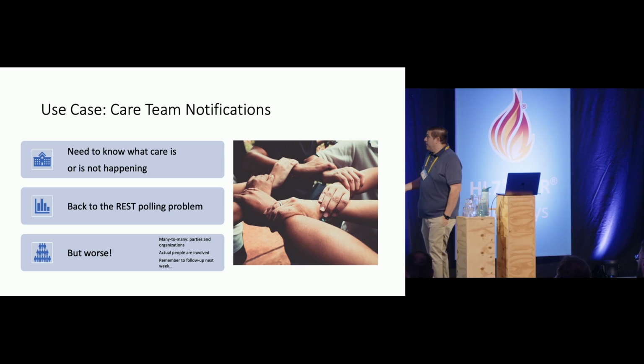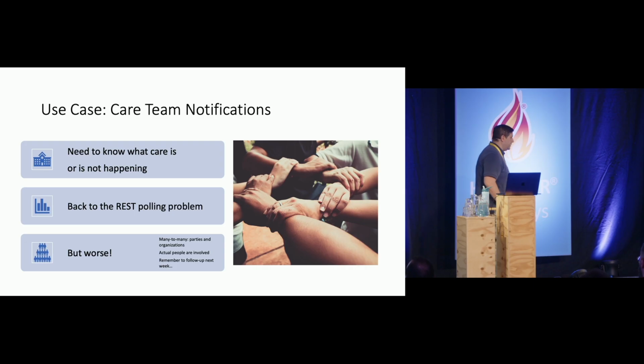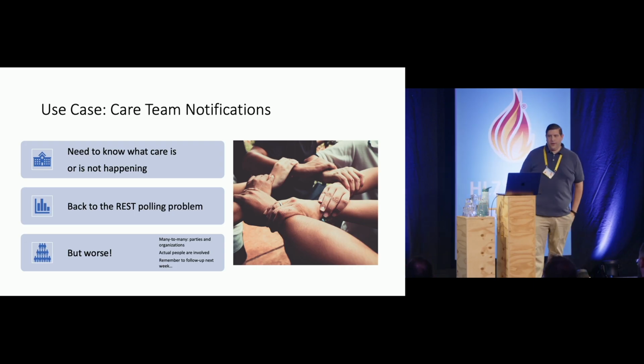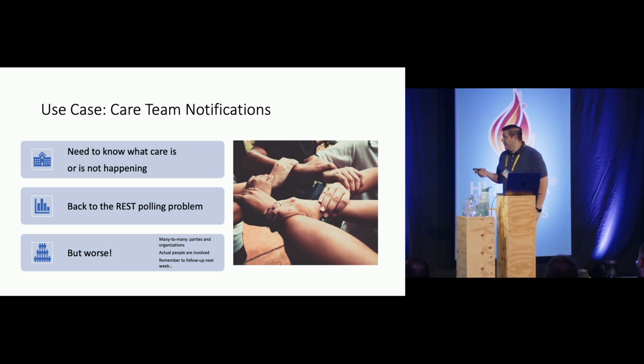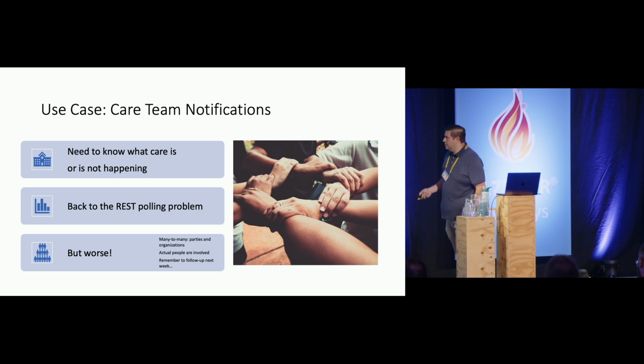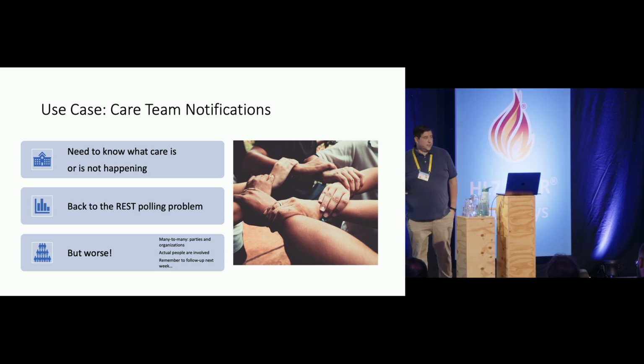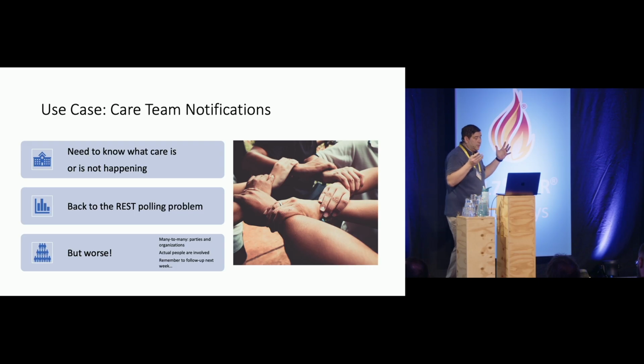So with that, we can talk about, how do you actually use these things? We've talked about a lot of potential examples. One I like is care team notifications. This, to me, is a very personal use case, trying to figure out what care is or is not happening for a patient, right? In this situation today, as far as I know in most situations today, we're back to the polling problem, right?